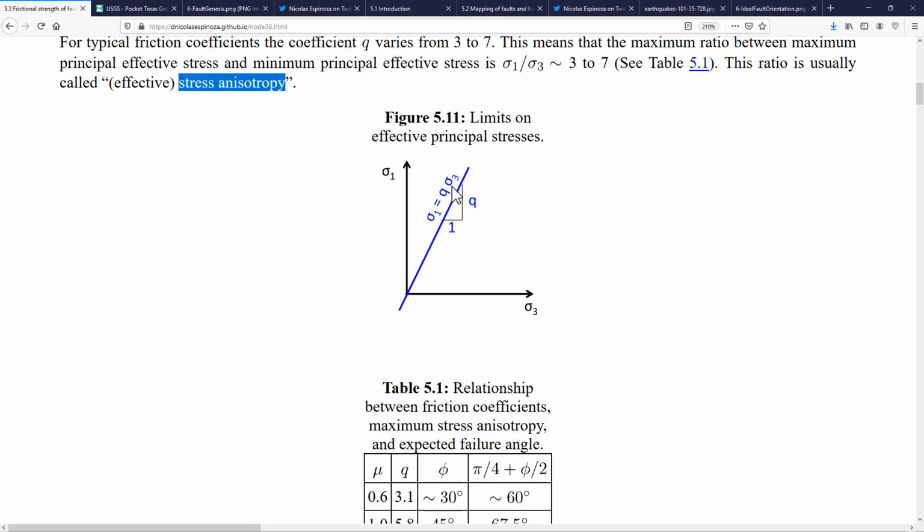And what we see now is that with the theory of the shear strength, that anisotropy is not infinite, but rather has a limited value, which now we see that it's about 3 to 7.